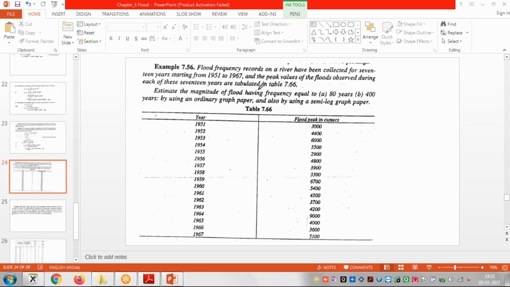Now estimate the magnitude of flood having frequency equal to 80 years. Means the flood which will have the frequency of 80 years means the flood which will come after 80 years. Frequency means suppose something is occurring, for example, some ball is coming on the floor and again it is going back.